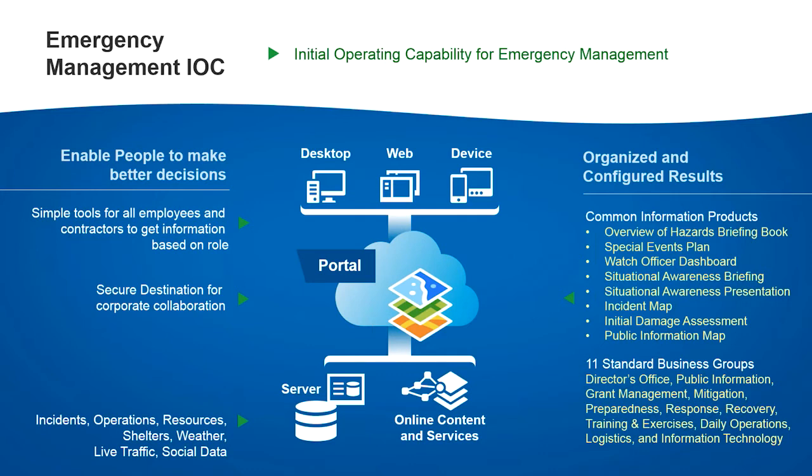We're trying to enable people to make better decisions, and by empowering them with the common information products that we're seeing get fielded, and the common business groups within emergency management agencies that we're seeing them fielded in, this initial operating capability takes all of that we've spent the last 30 minutes talking about and boils it down to this.